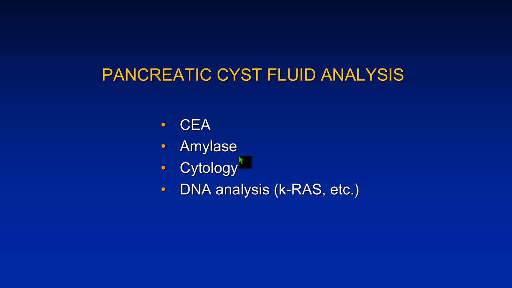If we have a lesion with a high CEA but a low amylase, then we're dealing with a mucinous lesion that does not communicate with the pancreatic duct, so that would be a mucinous cystic neoplasm. And if we have a lesion that has a low CEA, so it's not a mucinous neoplasm, but the amylase is very high, then we're probably dealing with a pancreatic pseudocyst.